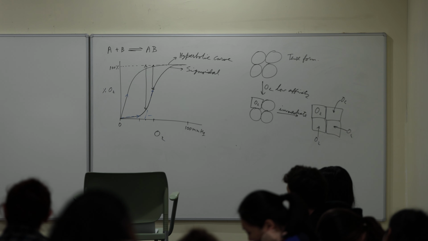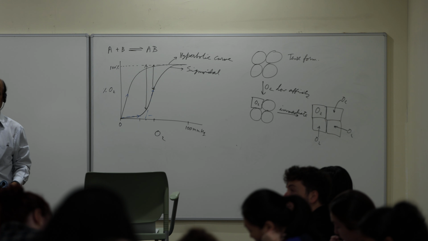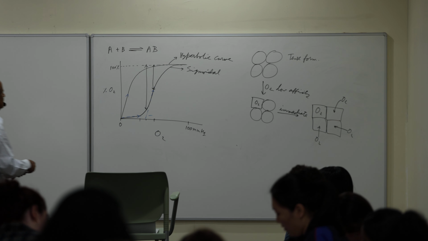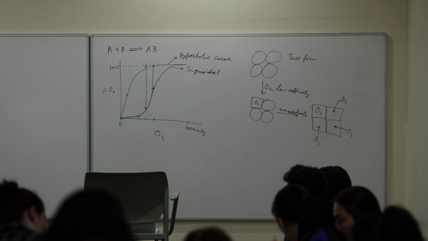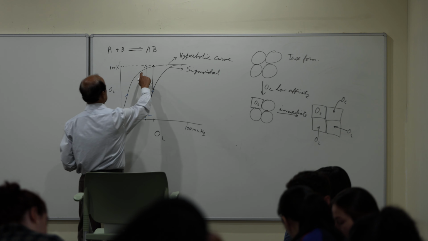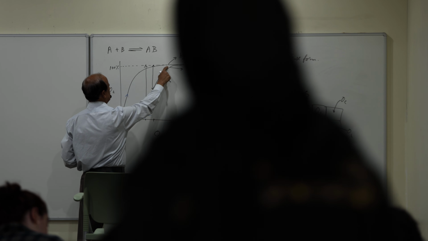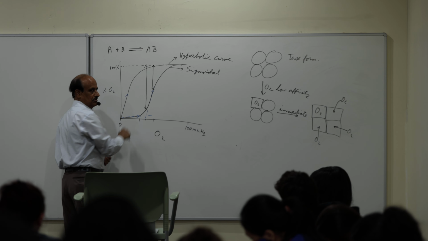And that is called the P50. So people are interested in not when it is 100%. It's not just about hemoglobin binding to oxygen, it's about any protein doing any work. When it goes to 100%, it is increasing very slowly. When it is close to 0, change is slow.